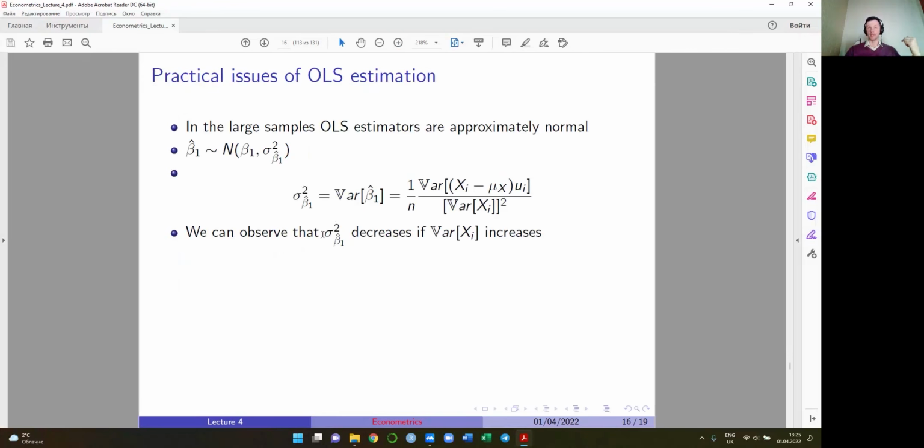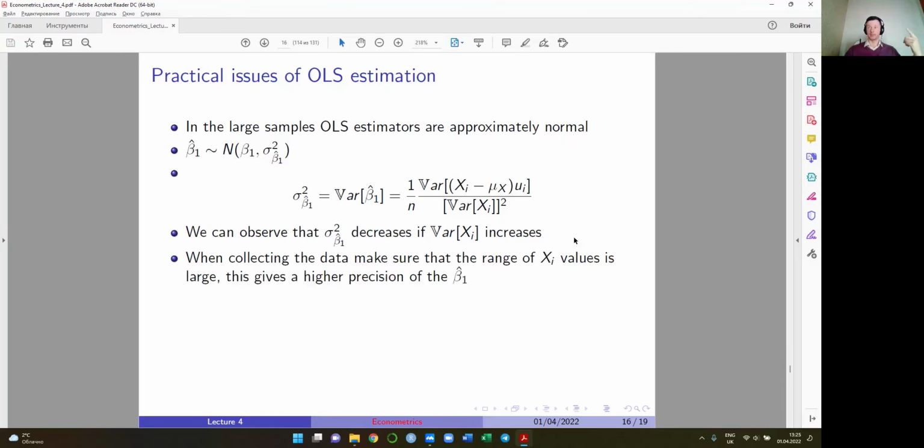We can observe that this sigma squared of beta 1 hat decreases if the variance of x increases, which means that we want to collect data where x has a large spread. If x deviates much in the data, then it gives us a chance to obtain a precise value of beta 1 hat, which is going to be close to the true beta 1.